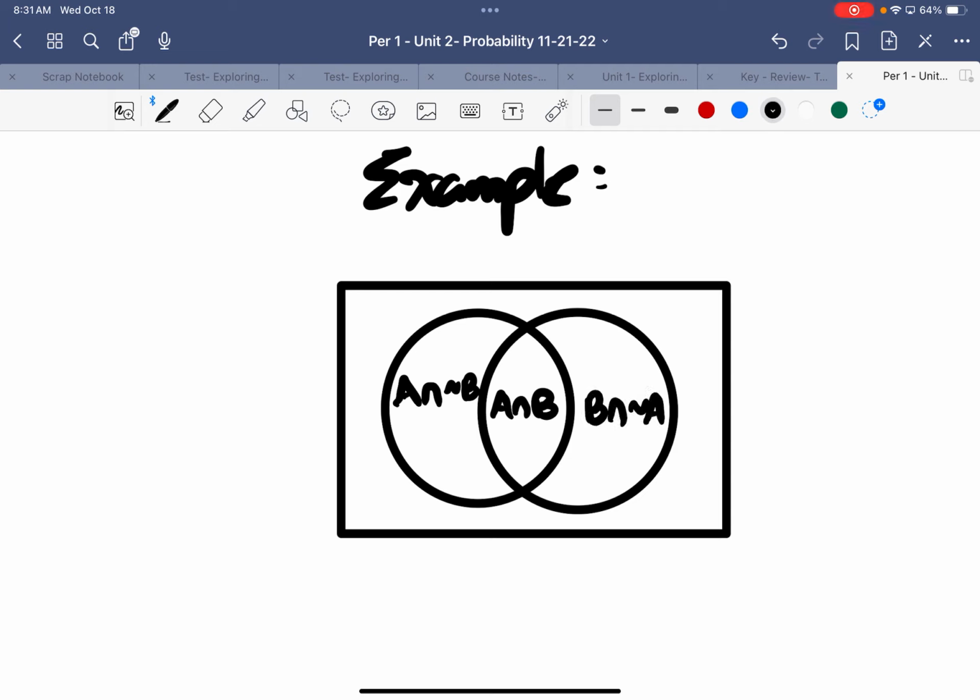We've already talked about number 3. The union of A and B is everything contained within A and B, individually and collectively. Not A union B would be everything outside.